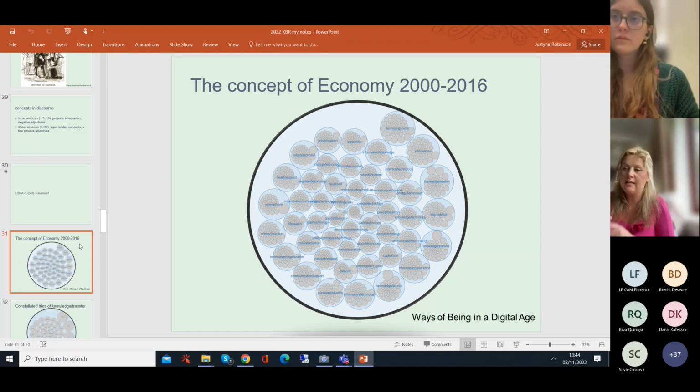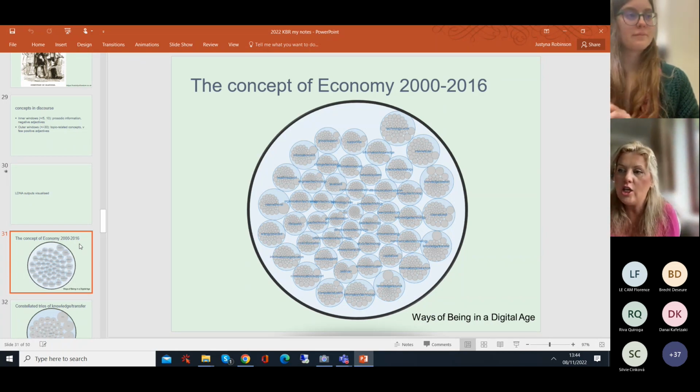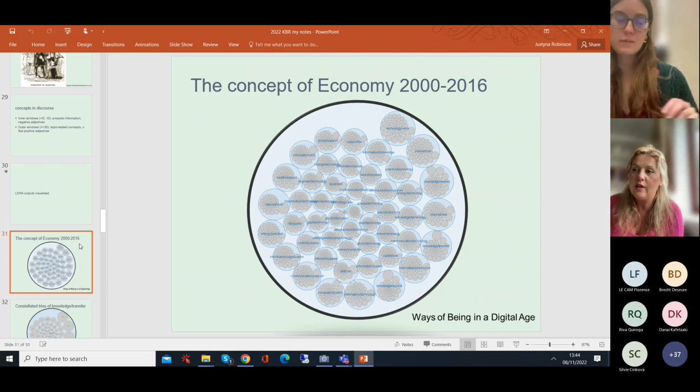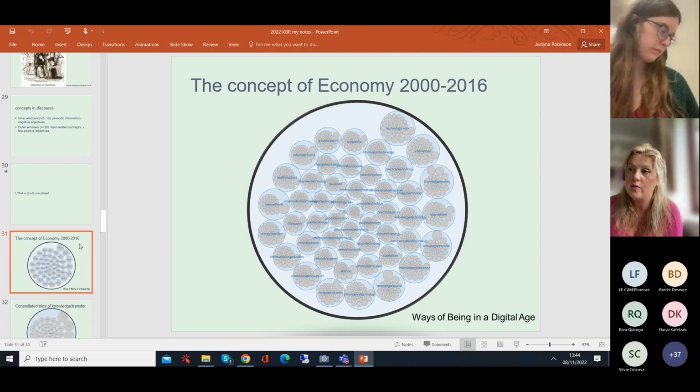I will show you the links in a bit to all of those tools, but essentially each bubble here contains, so this whole bubble is the concept of economy. Each bubble contains pairs of different concepts, with the size signifying the strength of those concepts.